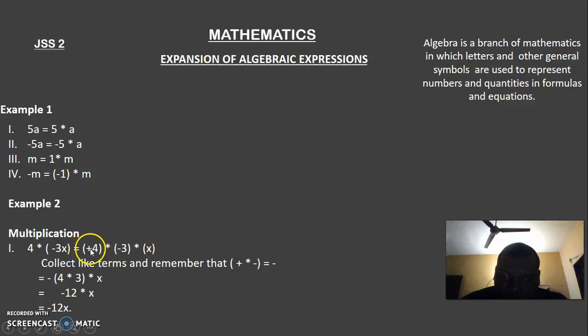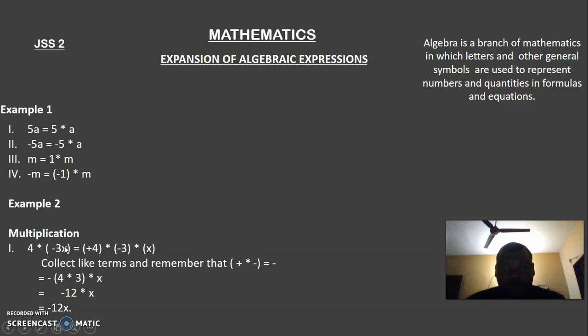Open bracket plus 4, close bracket, times open bracket minus 3, close bracket, times x. So that's the meaning of this 4 times minus 3x.